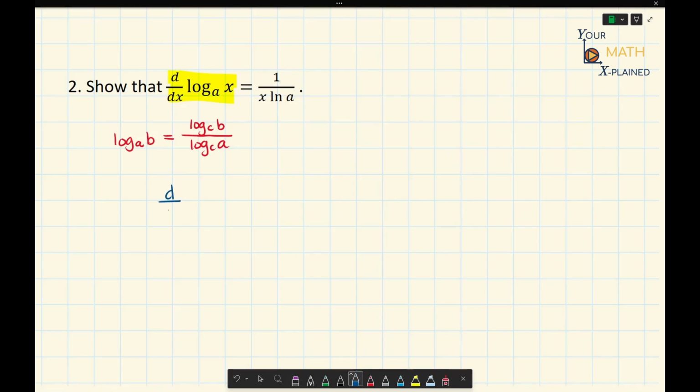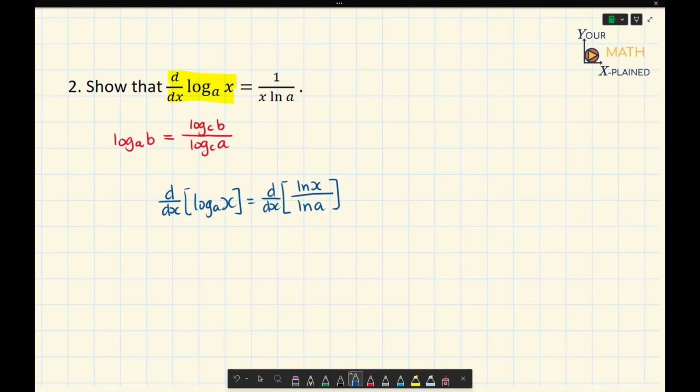Therefore, the derivative with respect to x of log base a of x can now be rewritten as d by dx of ln of x over ln of a. So here we have chosen our c to be e, which means we get to use our natural log because we already know what the derivative of ln of x is.